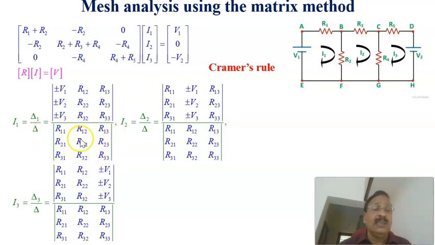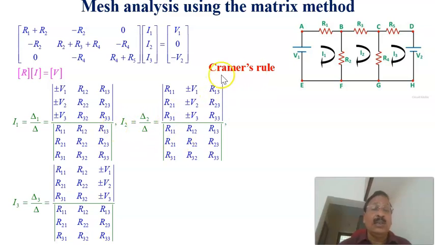That determinant is in the denominator, that is delta. And delta 1 means the first column is replaced by the voltage vector. Therefore, this will be replaced by V1, 0, and minus V2. Then we solve the determinant for the numerator, take the ratio with the denominator delta, and that is equal to the mesh current I1.